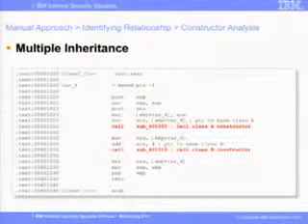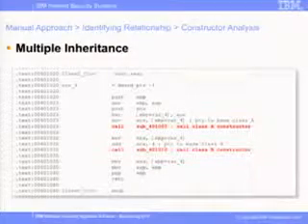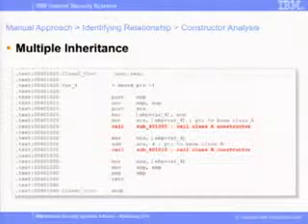Using the next example in here, multiple inheritance actually is much easier to identify, or more accurately identified, because the first base class looks the same as in the previous single inheritance example. You can't identify really if it is a base class constructor or a call to a member function.